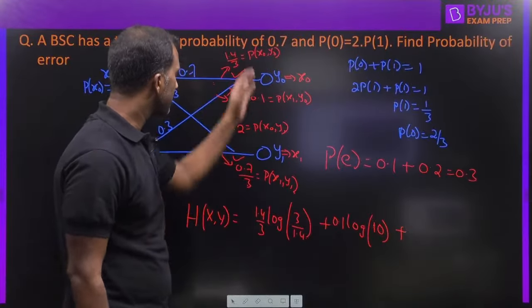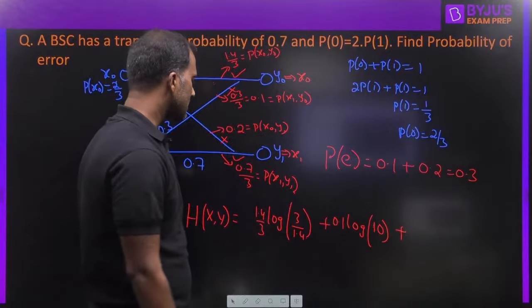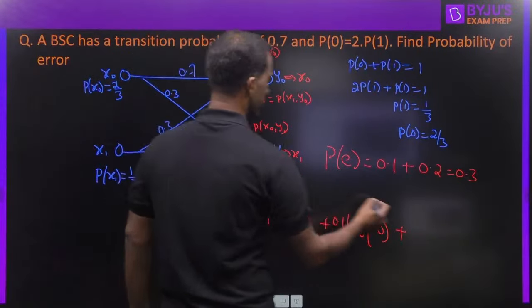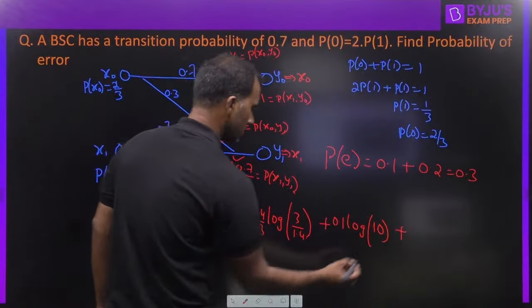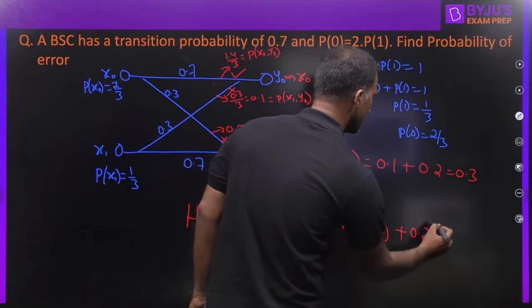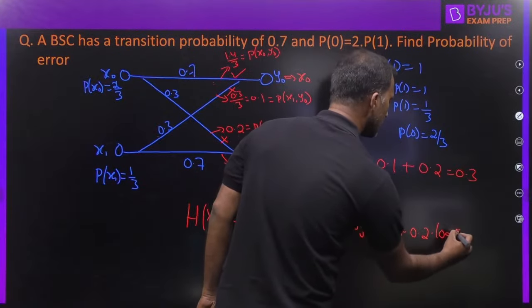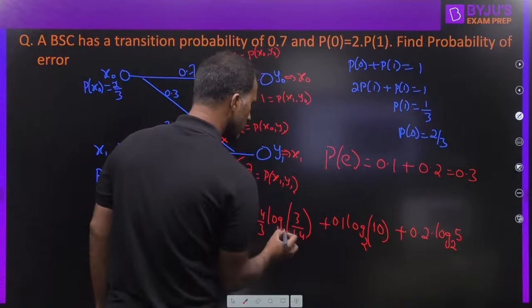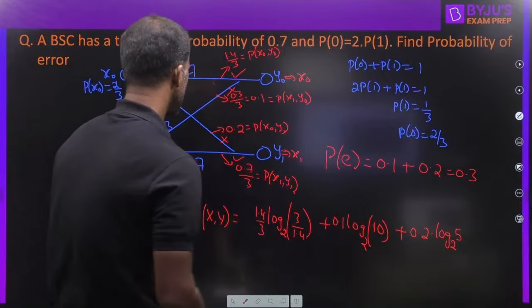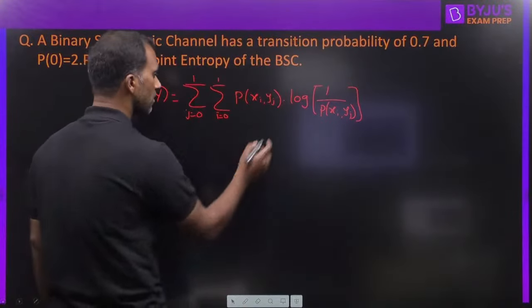Since we already have the calculation, I am doing it in this slide only. Plus next one, it is 0.2 into logarithm of 1 by 0.2, which is 5, and the base is 2 always here. Base is 2 because we are talking about entropies. Whenever we are talking about entropies, the base is always 2.